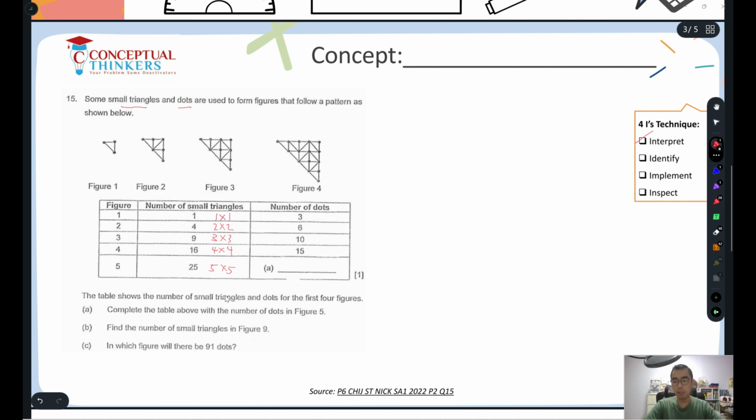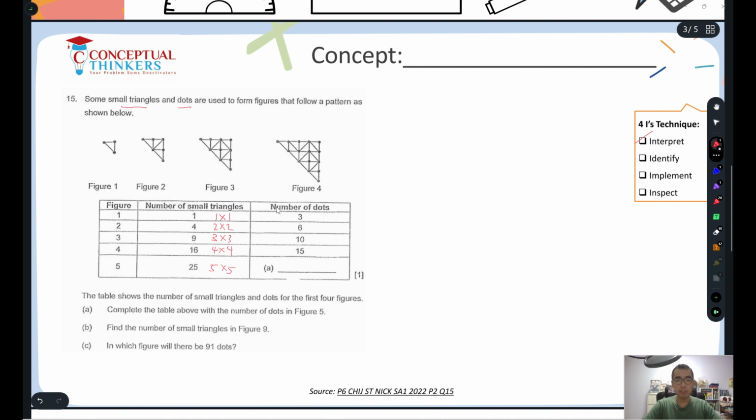Now, if you want to be good with number patterns, you need to link your figure number with your calculation for your other columns. So in this case, you notice that the number used here is 1, and it links to the figure number 1 also. So here is 2, here is 2, 3, and 3. So from here, we can actually handle any figure number to link to the number of triangles.